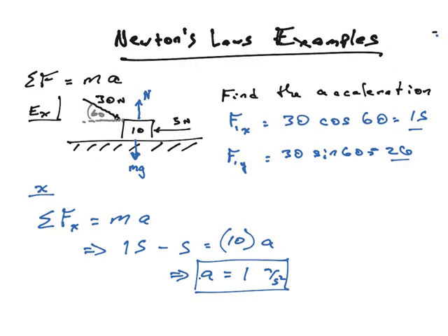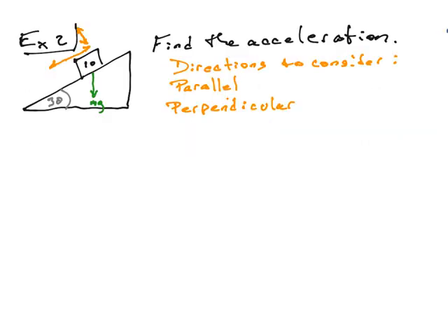In the first example, because everything was horizontal, x and y were good, and it was the angles that were bad. But now that I'm sitting at an angle, and I'm going to move at an angle, the x and y things are bad. Anything in the x or y direction, I need to break up into the new directions. And of course, gravity being a y-directional force means I have to find the component of gravity in the parallel and perpendicular directions.